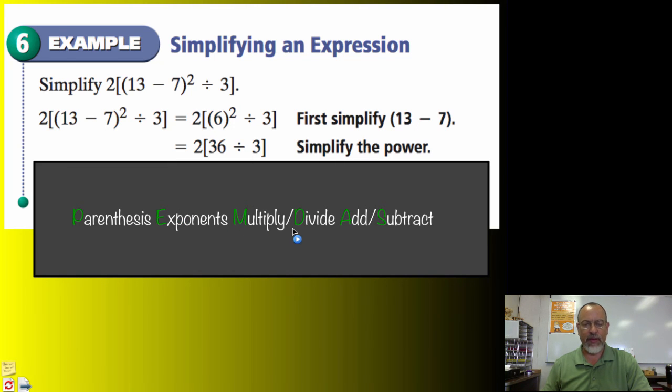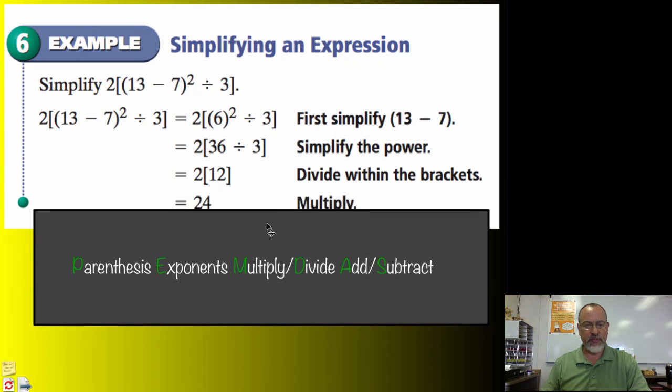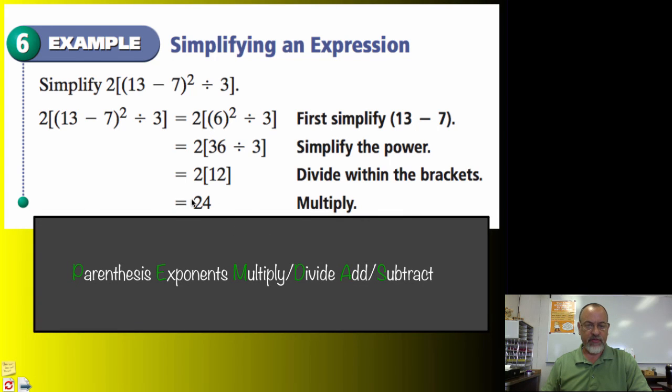Now I can go to my multiplying and dividing from left to right. So 36 divided by 3, I can divide that. That's 12. All right? And now I'm left with an expression that's simply multiplication. Again, we talked about parentheses next to numbers being multiplication or any kind of grouping symbol. So then we have 2 times 12, which is multiplying those grouping symbols, and that gives me 24.